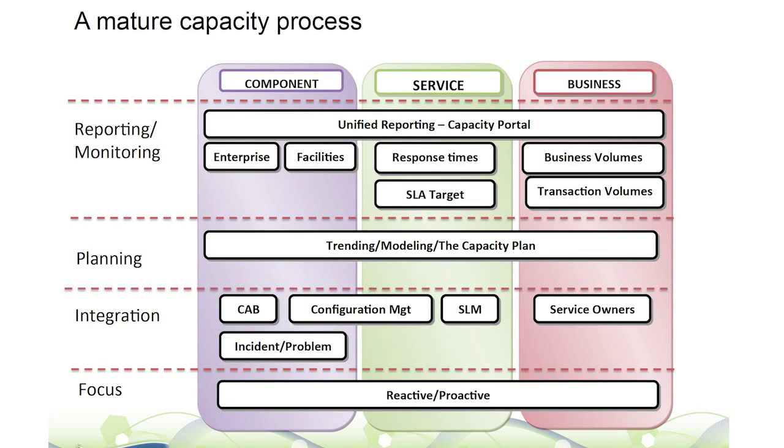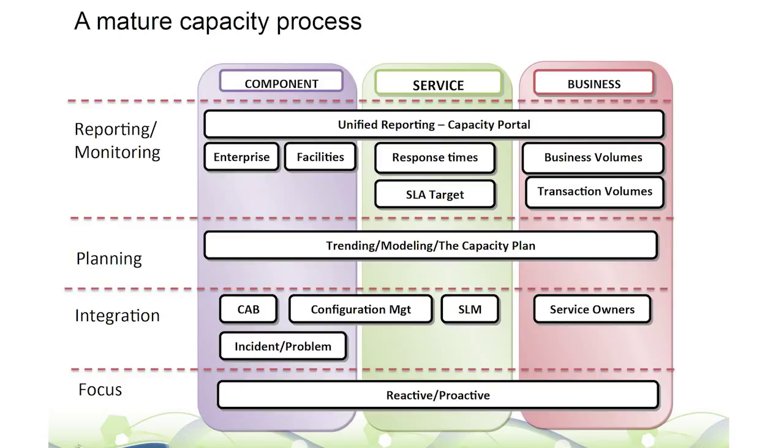Service level management, things like response times can feed into SLA information. Availability, service owners at the business level, integration with them, getting that information and providing the benefits back to them and the visibility of what you're producing. Planning, we can trend, we can model, we can produce a capacity plan, and at the reporting level, we want this unified portal right across those sub-process levels.